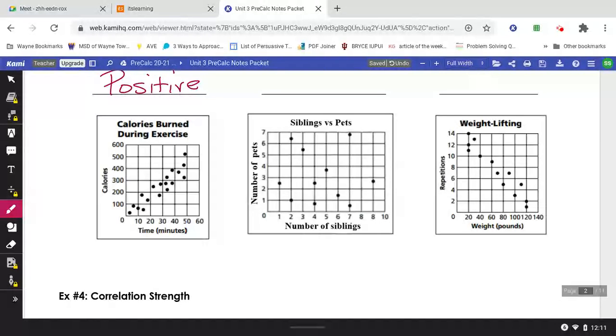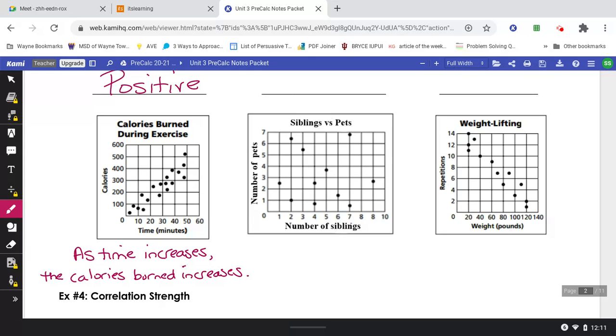You've got the time across the bottom for your x's, and then your calories burned along your y-axis. So a good sentence to write for this one, if you needed to explain it: as time increases, the calories burned increases. As your time goes up, your calories go up, which makes sense. The more you work out, the more calories you burn.